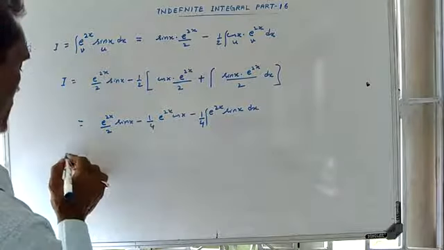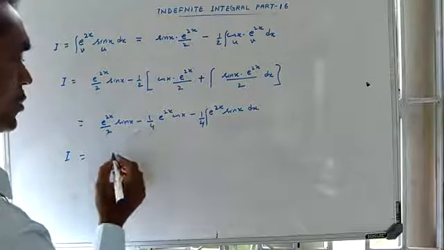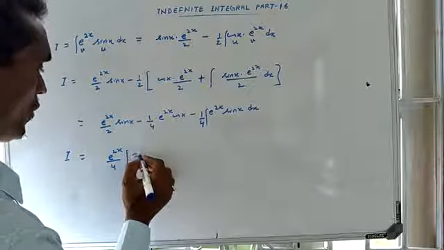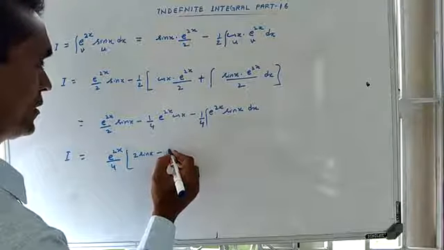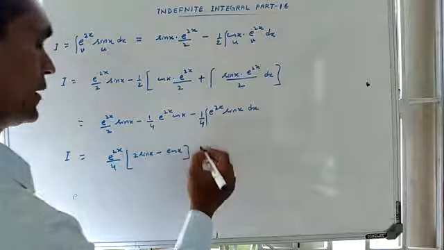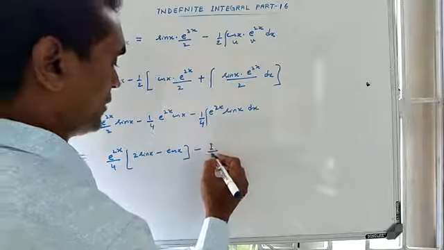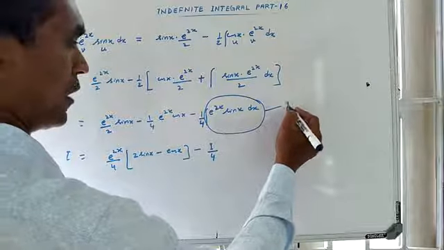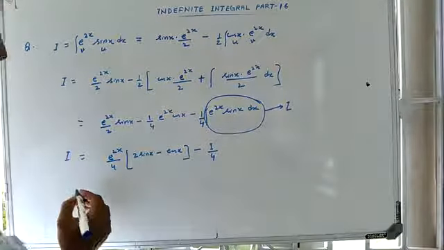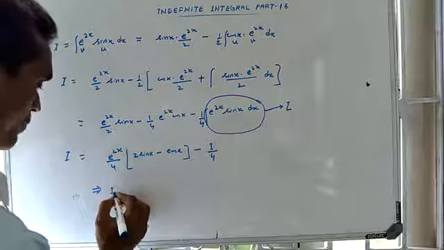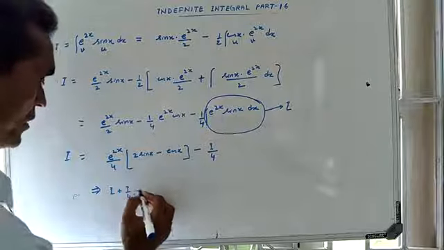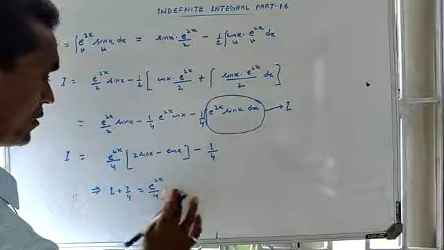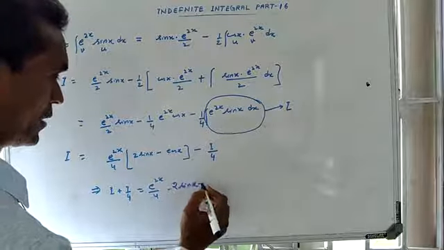So we substitute: I is equal to e to the power 2x by 4 common, twice sin x minus cos x, and minus I by 4, because this is nothing but I. Simplify this: I plus I by 4 is equal to e to the power 2x by 4 times twice sin x minus cos x.